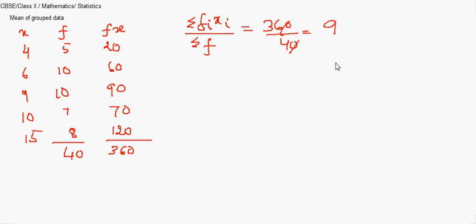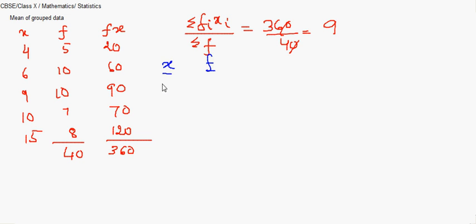Based on this formula, there might be something missing either in x or f, and we need to find the value of that unknown or variable given. Let's take such an example. Suppose this is given. The question reads: find the value of p.